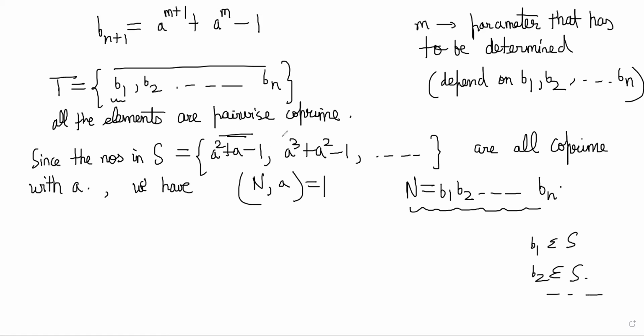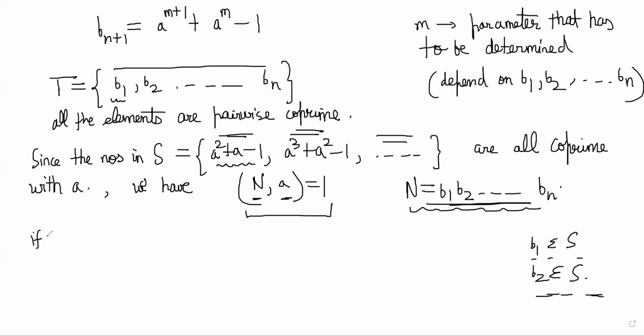And we can see from this pattern here, each of the Bi's are such that they are co-prime with A, or they have GCD with A is 1, right? They don't have any common factor because these numbers are all -1 mod A, right? So they don't have any common factors with A. So B1, B2, Bn are all co-prime with A. Therefore, the product will also be co-prime with A. So therefore, that is what we are saying. N and A, the GCD is 1, right?